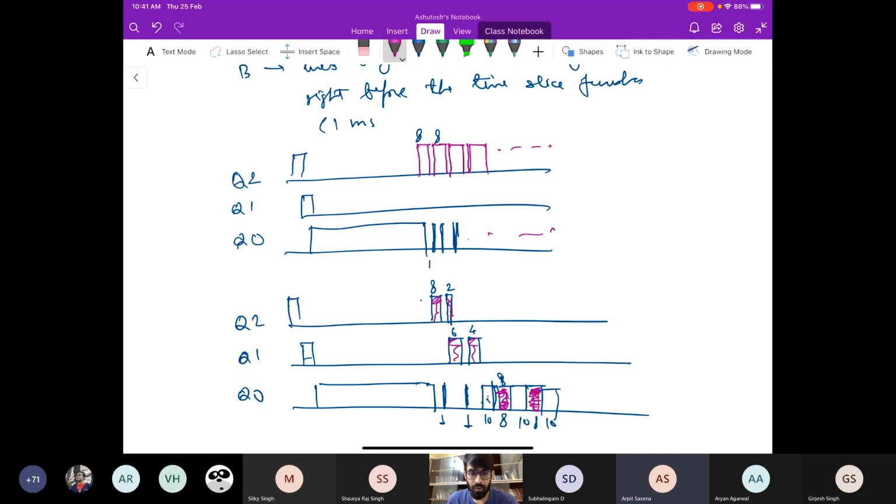Is that quota the same as the time slice, or can it be different also? So now it can be different.